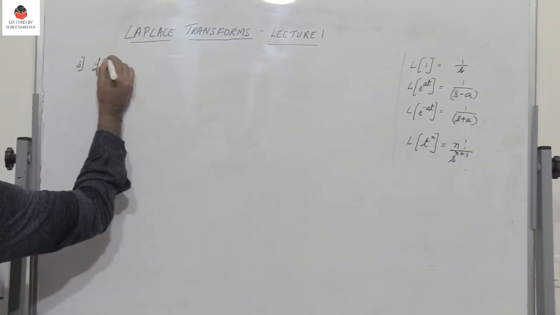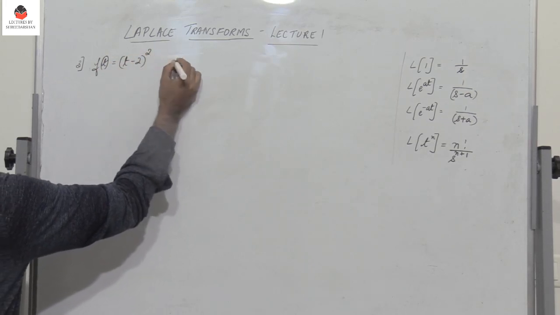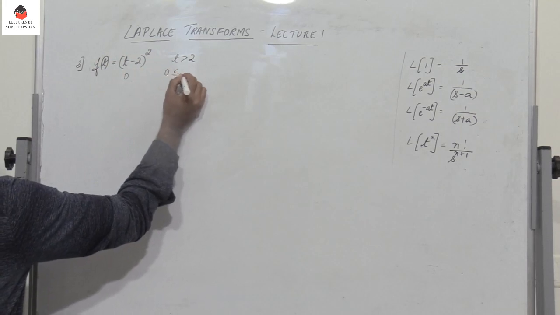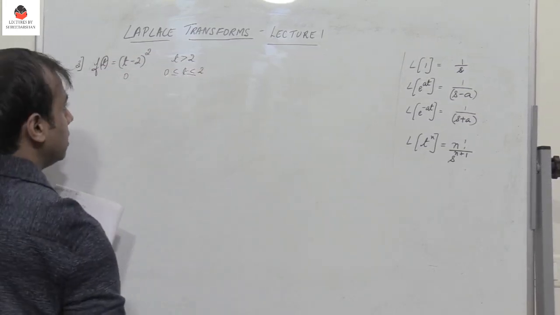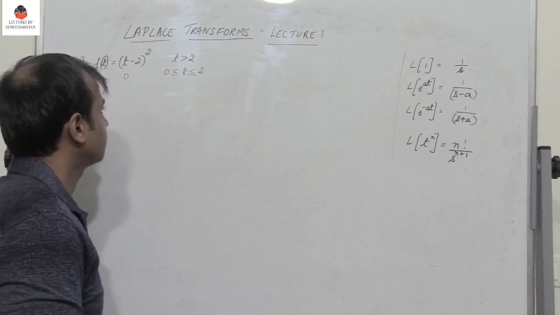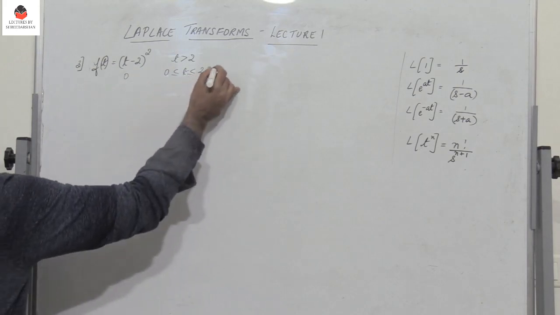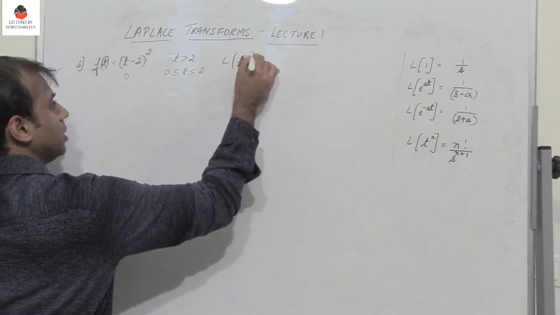f of t equals (t minus 2) whole square for t greater than 2 and 0 for t varying between 0 to 2. Okay. So now let us try to split the integral. So you have the Laplace transform of f of t, right?